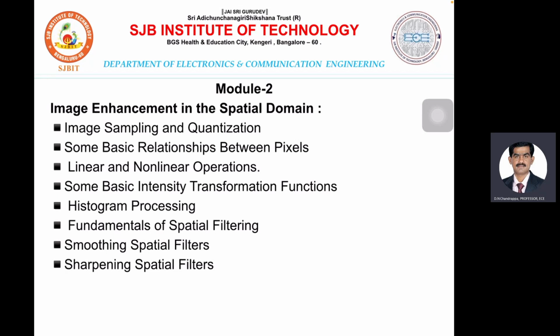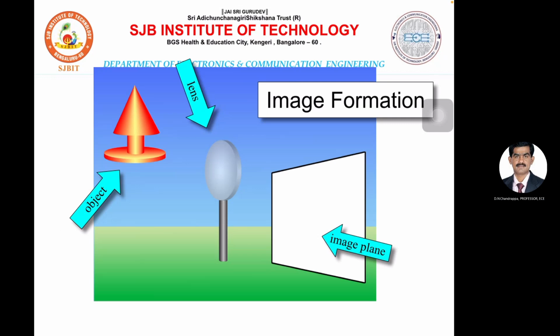Before sampling and quantization, let us look at image formation. On the screen, we have one lens, an object, and an image plane. See here, when we consider incident light, that is what we call a light source.